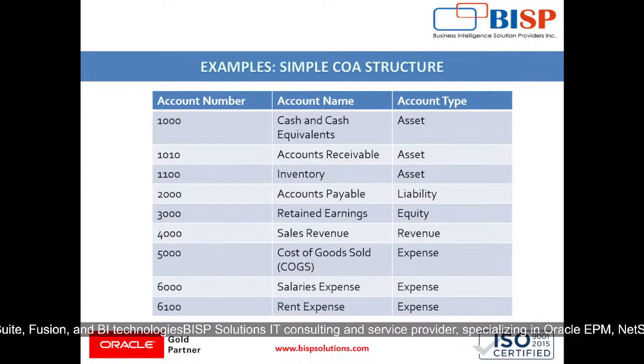So there is clarity that this much accounts are in this particular account name. Like that only, we can see in expense there is a 1000 account number difference between cost of goods sold and salaries expenses.